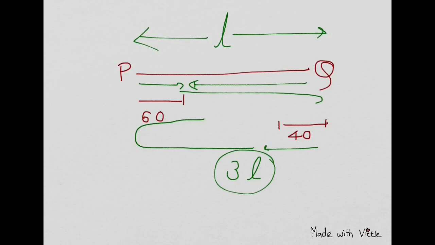If this part is clear, then in the first meeting, when they covered a total of L, A had covered 60. So in the second meet, A will have completed 3 times that distance, so A should have covered 180 meters.